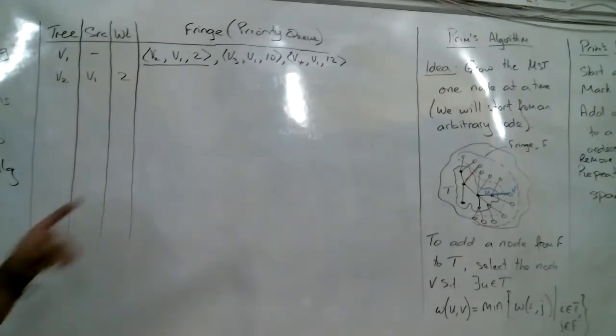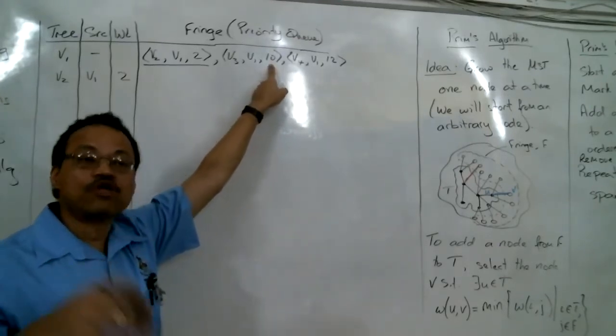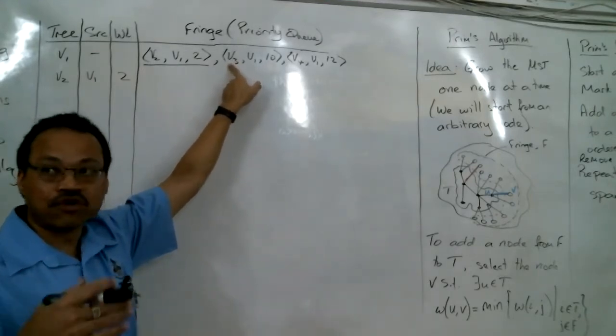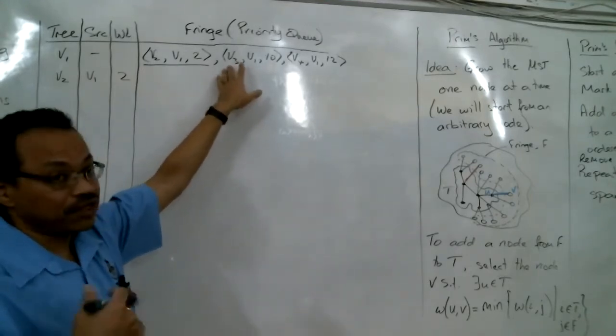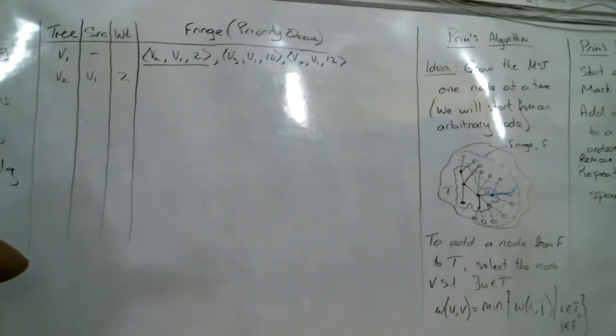Think of that priority as the lightest weight edge that we know of that would connect this node to the tree. So far, the lightest we know that would connect V3 to the tree has a weight of 10. And if we ever discover V3 with a lower weight, we want to update that, not put another entry in.